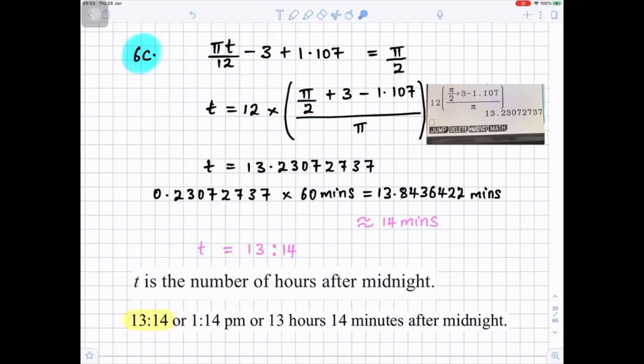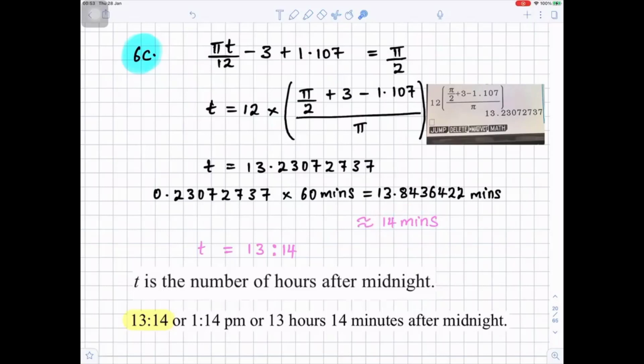When you put all of that in your calculator, as I've done on the right hand side there, you will get 13.23072737. Now we want to change 0.23072737 to minutes. So we times that by 60. When you multiply by 60, it gives you 13.84, which is approximately 14 minutes.